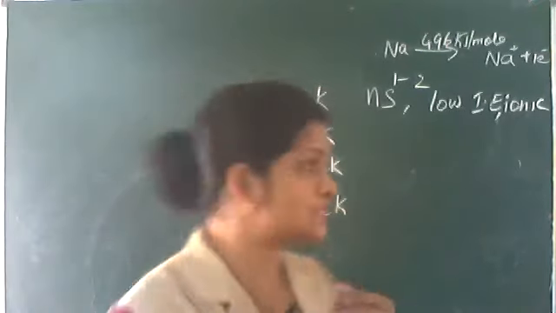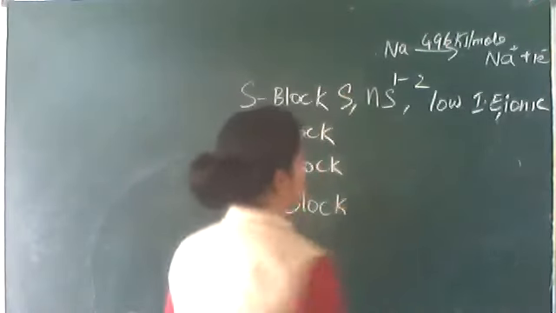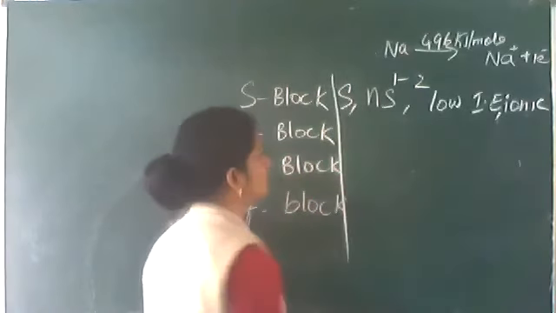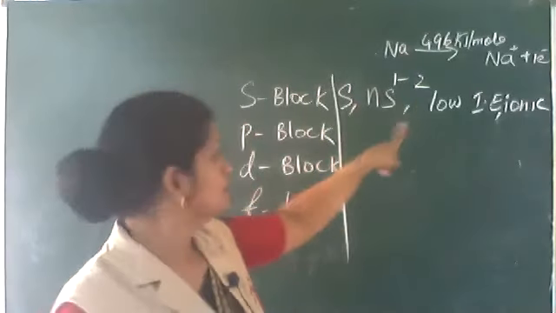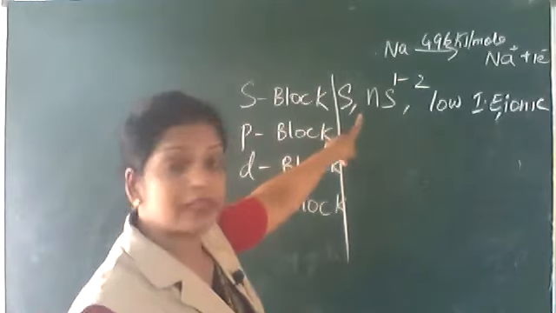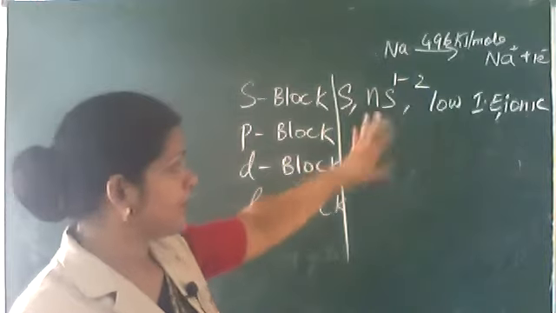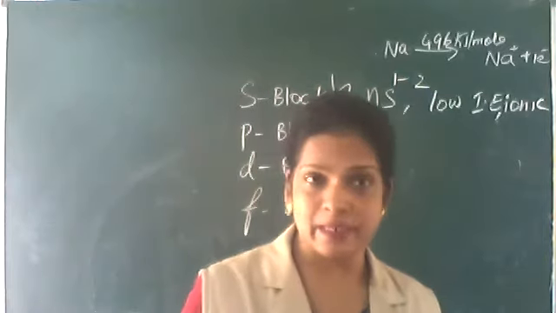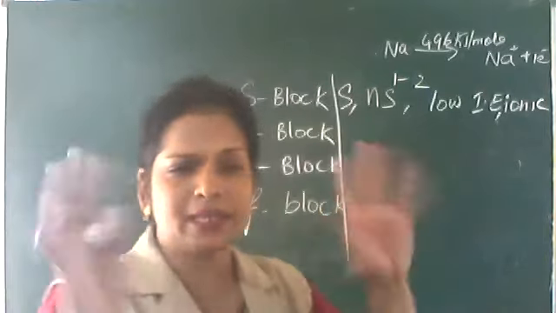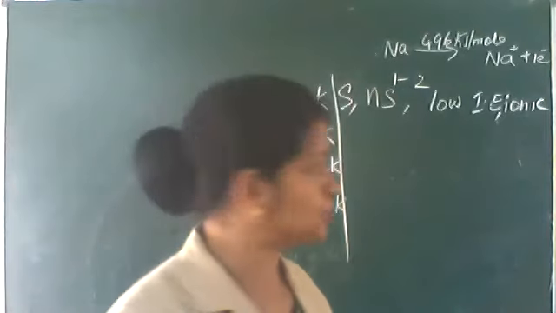S orbital is progressively filled. General electronic configuration, outer electronic configuration, ns1 to 2, 1 or 2. They have low ionization enthalpy, means you can easily remove one electron from the outermost shell.